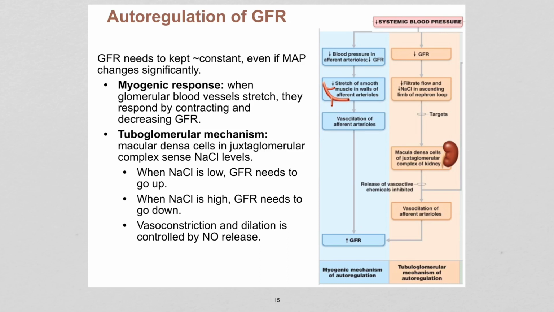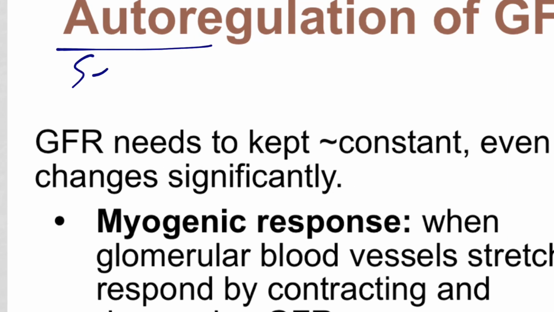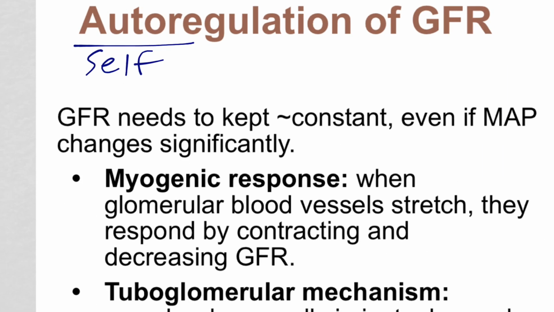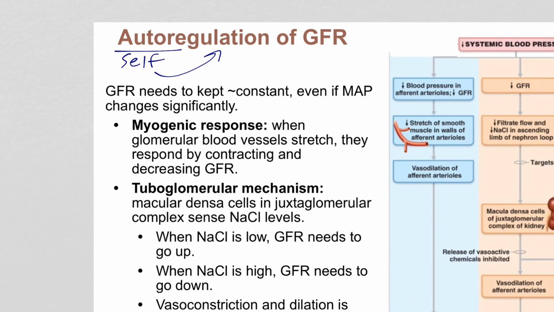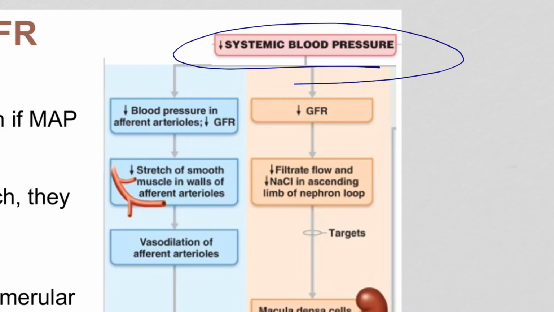Okay, so the gist is you normally want GFR to be fairly stable. It's not a perfect, always the same homeostasis, but pretty close unless pretty extreme things happen. So this concept, auto-regulation of GFR. Auto, think self. The kidney is self-regulating GFR, and the stimulus is a change in systemic blood pressure.